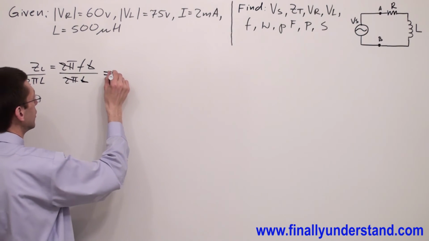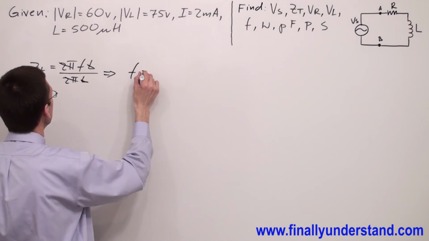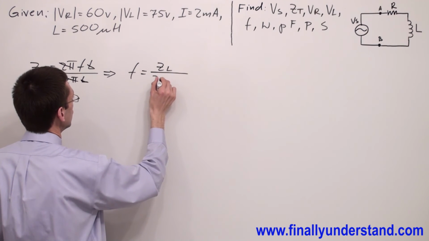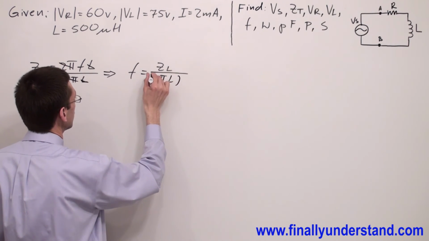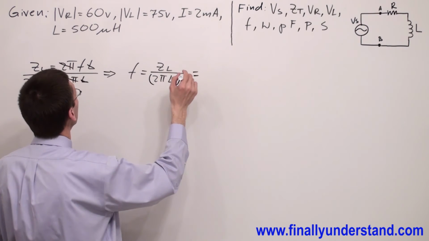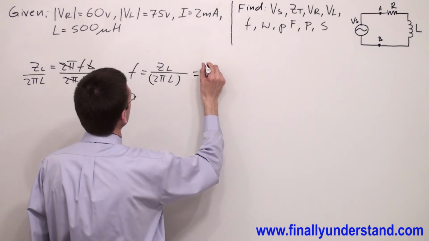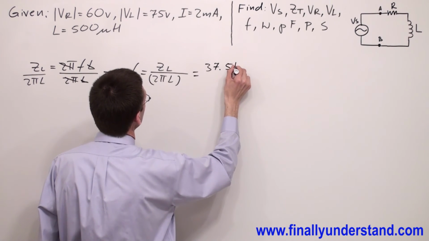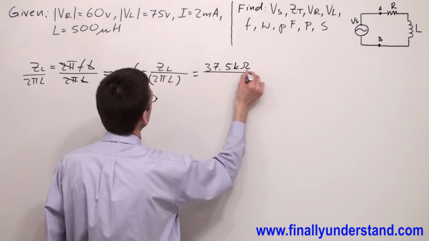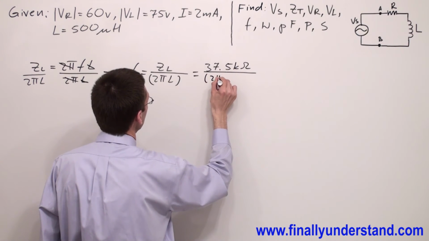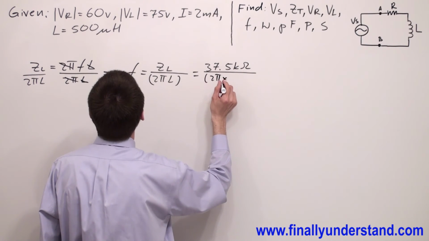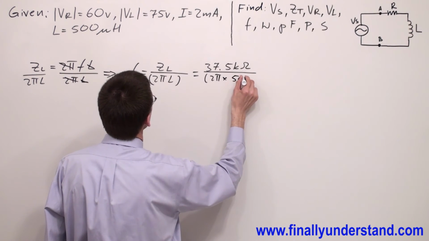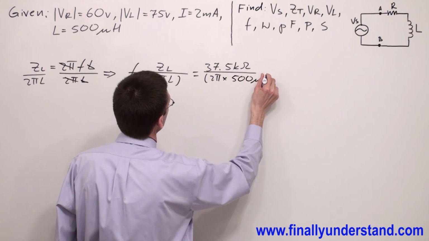So I'm going to have F is equal to ZL over 2 pi L, which is equal to 37.5 kiloohms over 2 pi times L, which is equal to 500 microhenries.